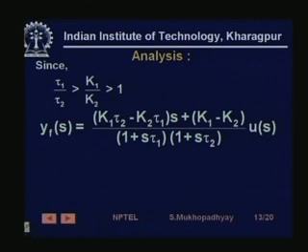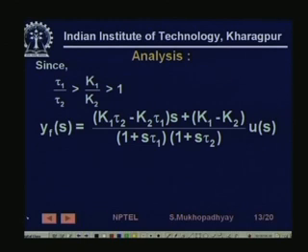Now, what we found is that K2 tau 1 is actually greater than K1 tau 2 from this expression. Therefore, this is a negative quantity, less than 0, and this is a positive quantity, greater than 0, because K1 by K2 is greater than 1.